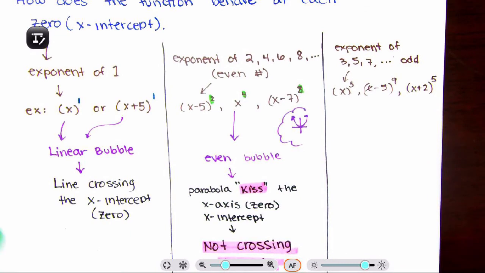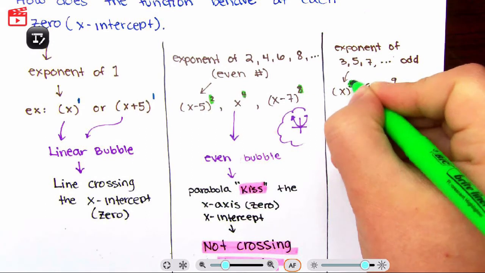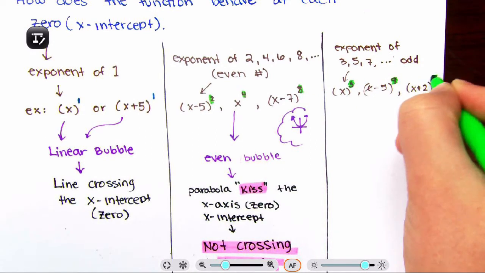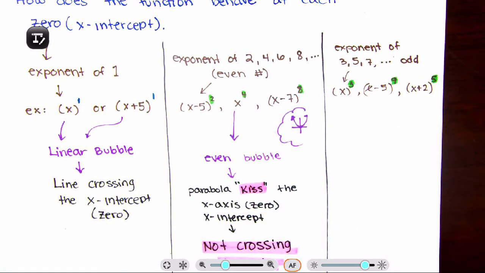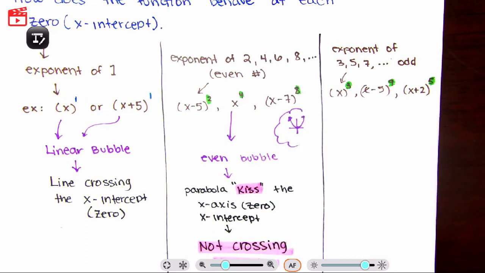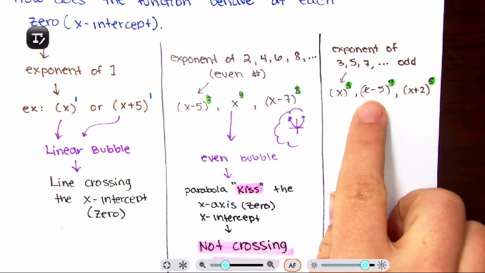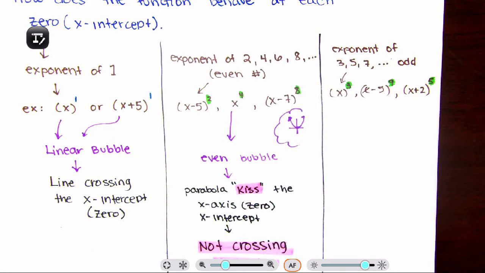But the exponent is odd. This is what we're going to call a Mr. John Travolta. So it kind of looks like a cubic function. So if something's cubed, we know it's a cubic function. And then the 9 and the 5, all odd functions will resemble some sort of Mr. John Travolta, some sort of curve that looks like a cubic function.